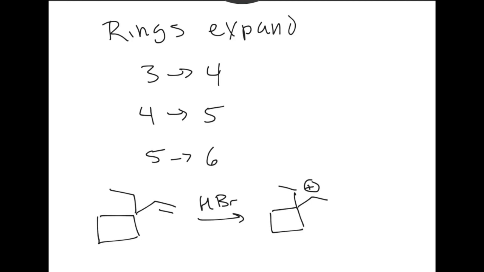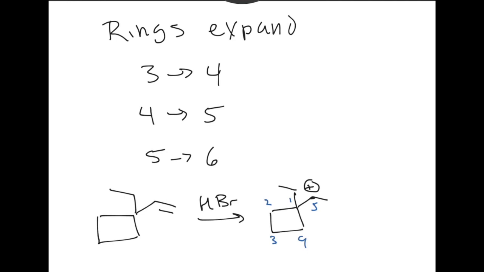So this is on this carbon here. Now, let us count. 1, 2, 3, 4. And I like to make the carbon that has the positive charge 5. So if I have a 4-membered ring, the carbon with the positive charge is 5. If I have a 5-membered ring, that carbon becomes carbon 6, right?